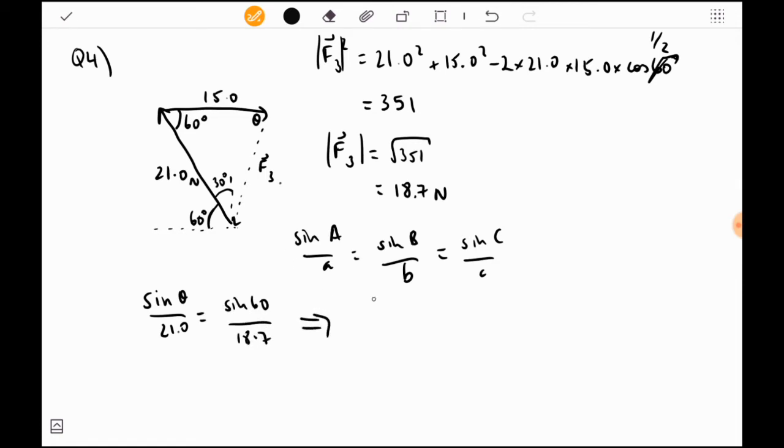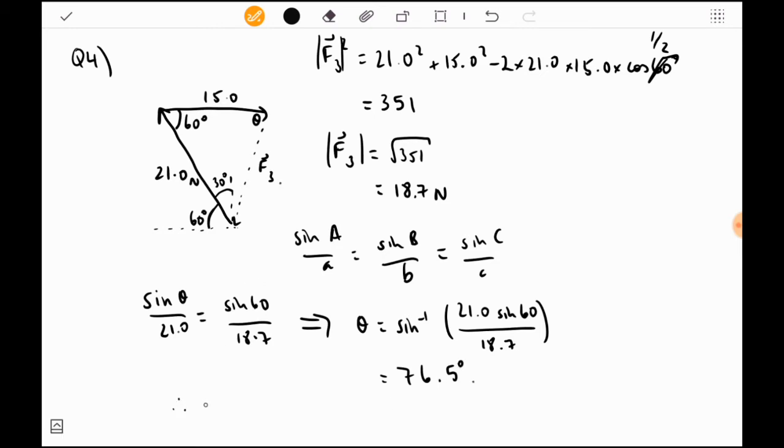Just doing a bit of algebra, you get theta equals inverse sine of 21.0 sine 60 over 18.7, and you end up with 76.5 degrees.